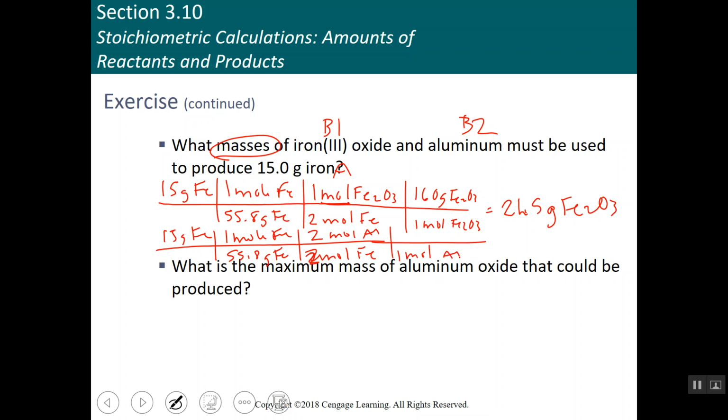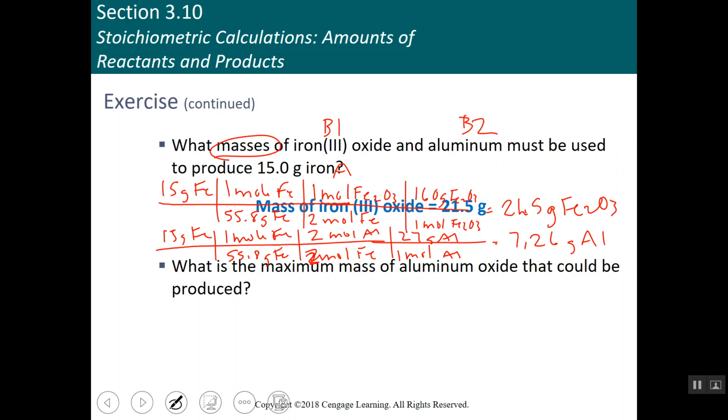So 1 mole of aluminum has a mass of 27 grams. Okay, so in my calculator, 15 times 2 times 27 divided by parentheses 55.8 times 2, close my parentheses, and I get basically 7.26 grams of aluminum. Let's go ahead and click on the button to see if we're correct.